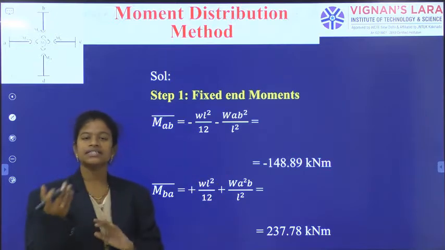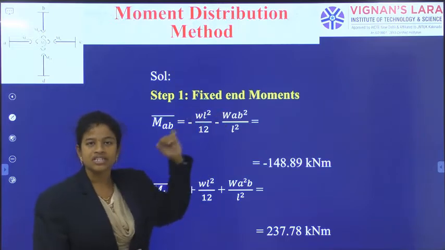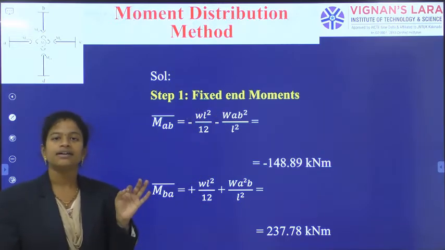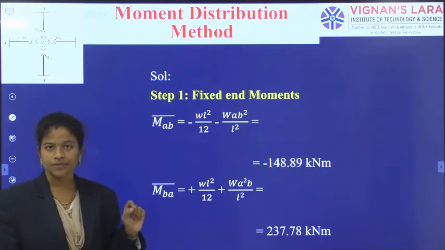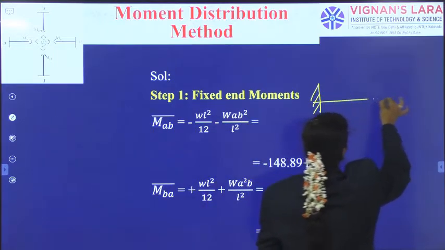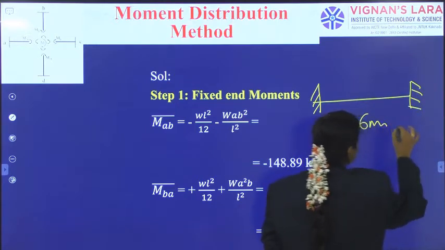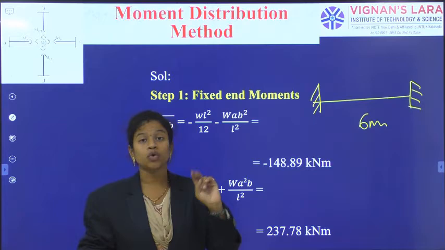Whatever the support condition is, for calculating fixed end moments, what will we do? We will consider the beam as a fixed beam, right? So the given structure is considered as a fixed beam of whatever length they have given. Yes, a beam of 6 meter length, and it has two loads.